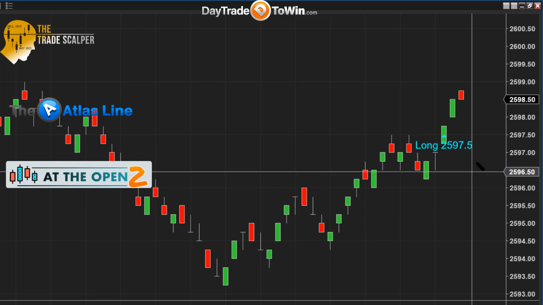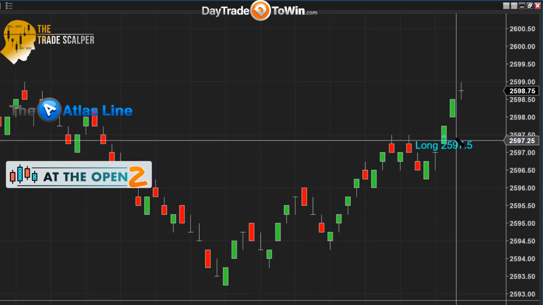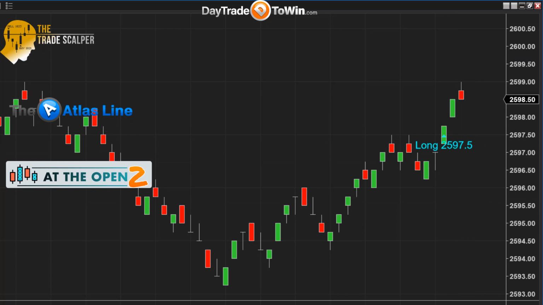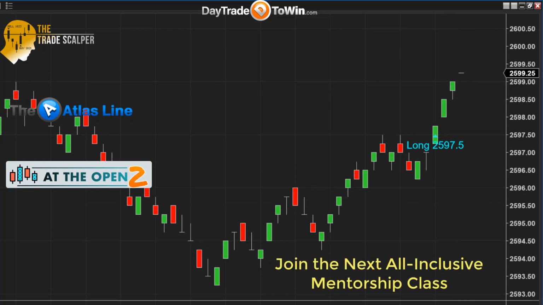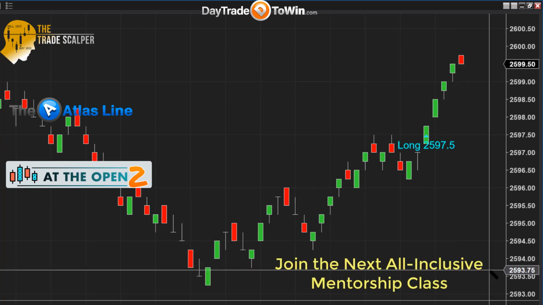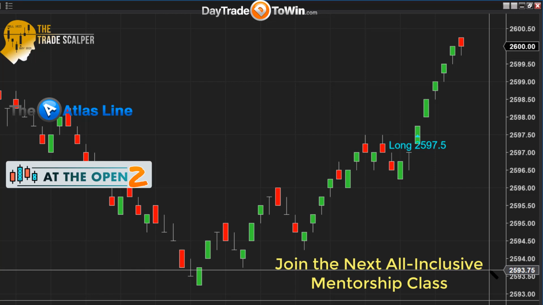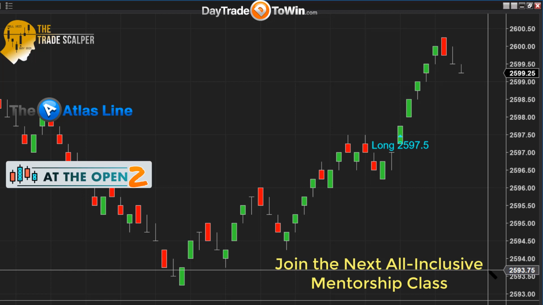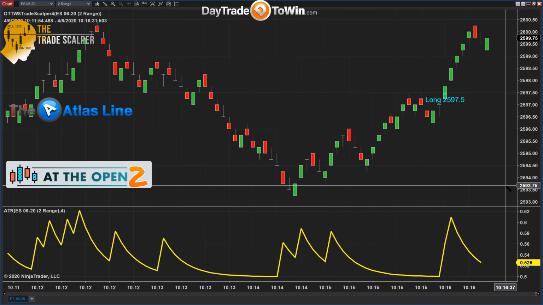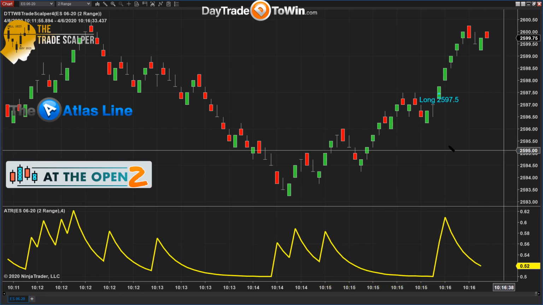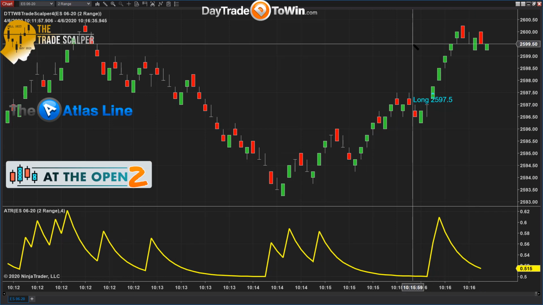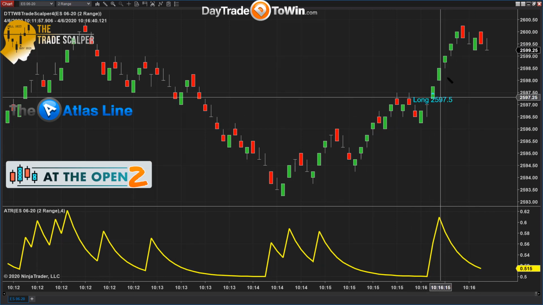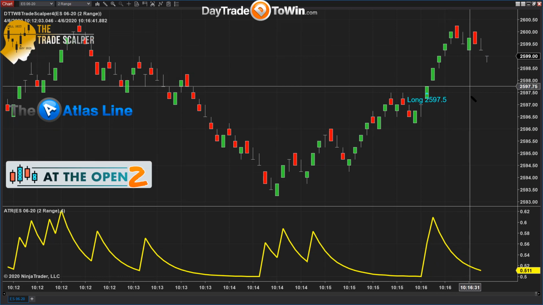Like, for example, there's a signal right here. Do you see as soon as this signal happened, it just started to take off, started to run away from you? I can't say there's no chance, but it just happens so fast that you don't want to chase it at this point because you're not chasing something that has already made a move and has already made profit. This is because we have faster than normal volatility. Within 10 seconds, you see how many candles it already moved and plotted.